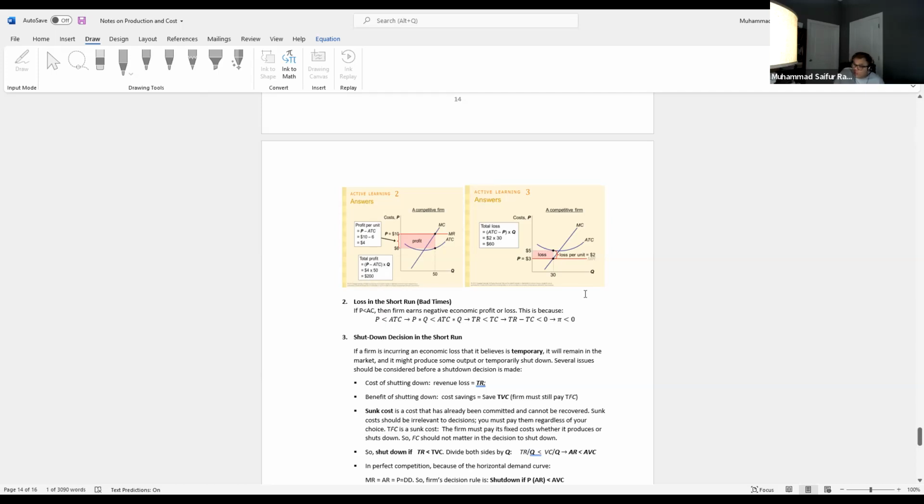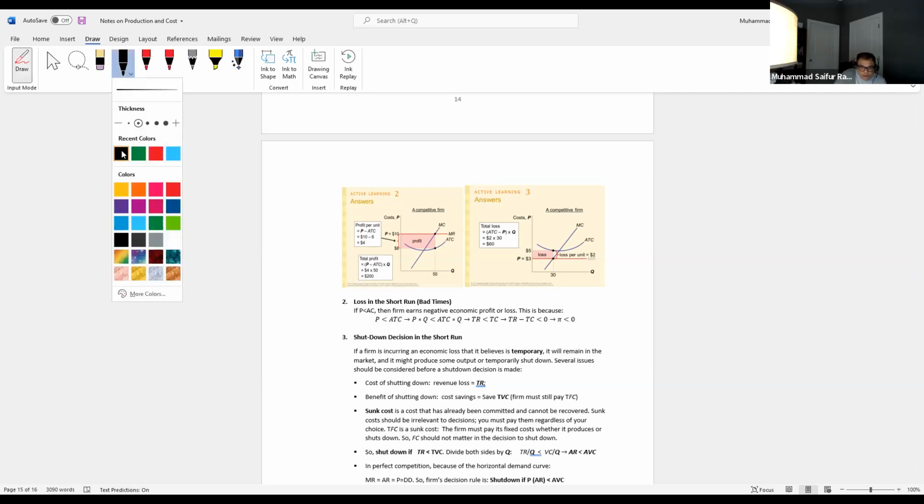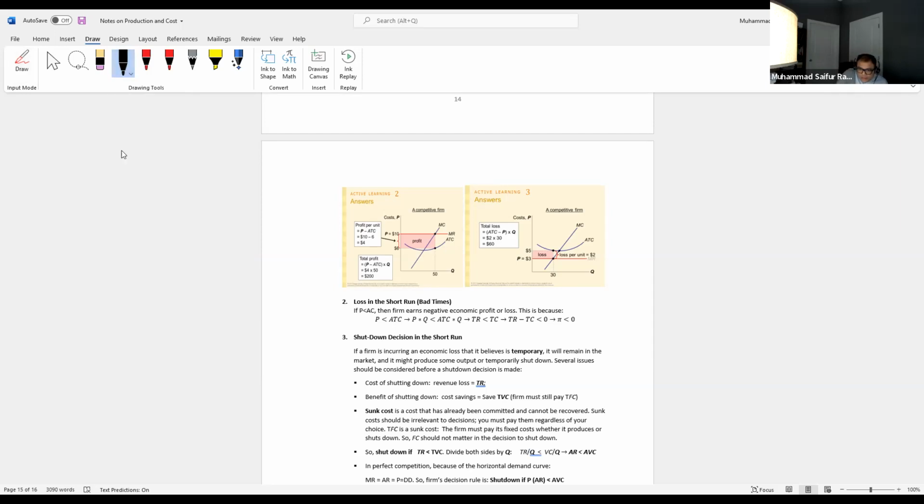Now, you can also have a loss where you find a profit maximizing output level. You find a profit maximizing output level at, let's say roughly, output level 30, and at that 30 you go up to the average cost curve and find that the average cost at that output level is 5 and the price is 3.